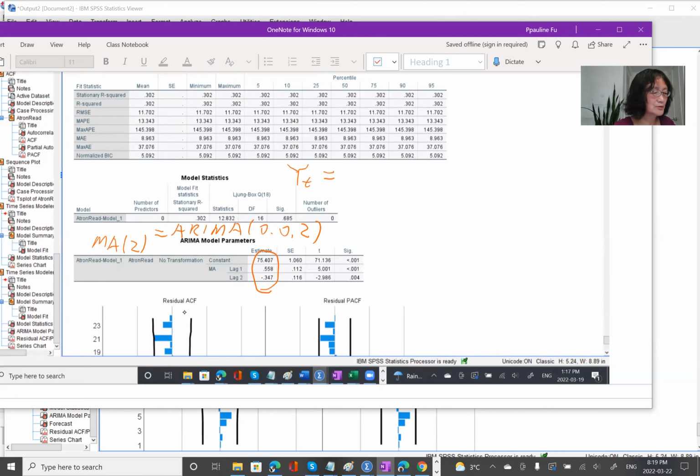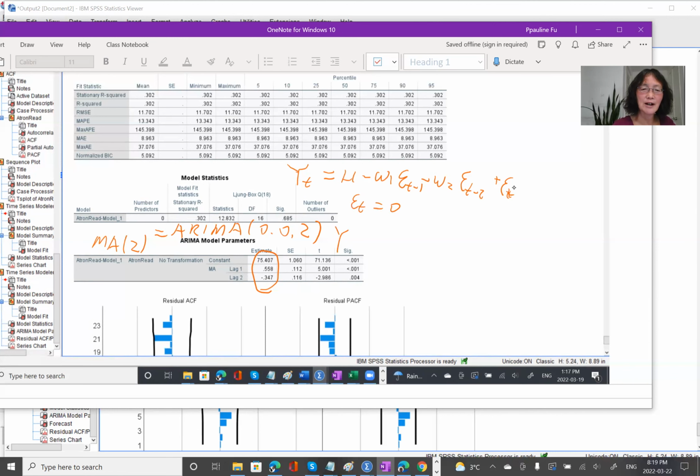Yt equal to mu minus omega 1 epsilon t minus 1 minus omega 2 epsilon t minus 2 plus error term epsilon t. When you do forecast, epsilon t equal to 0.